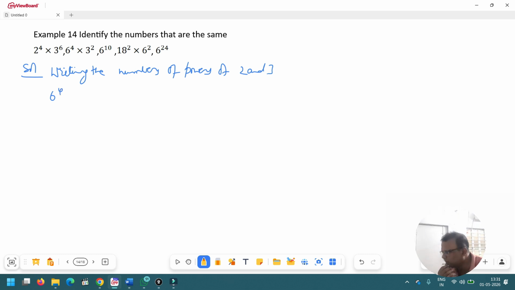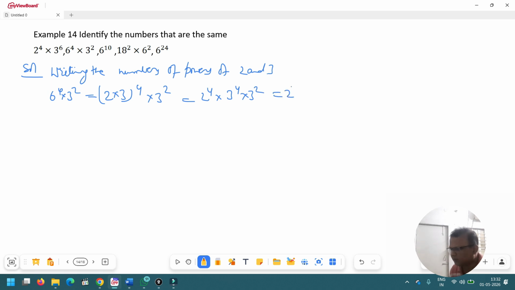6 power 4 into 3 power 2 is equal to 2 power 4 into 3 power 4 into 3 power 2, equal to 2 power 4 into 3 power 6.